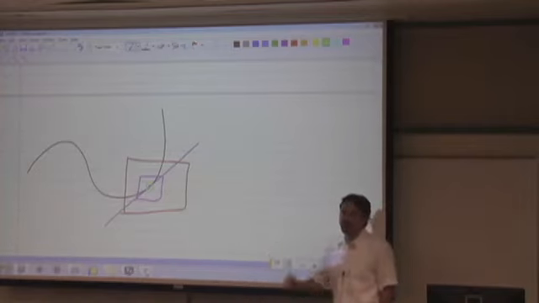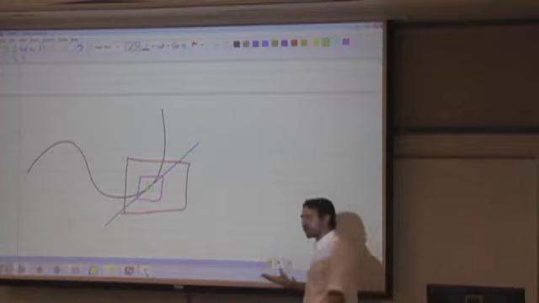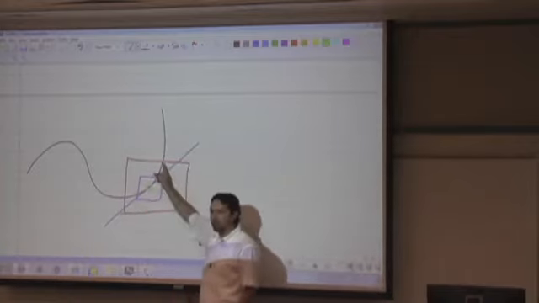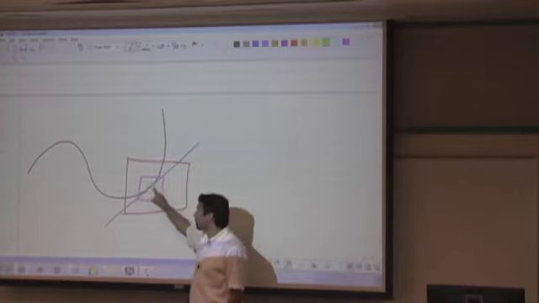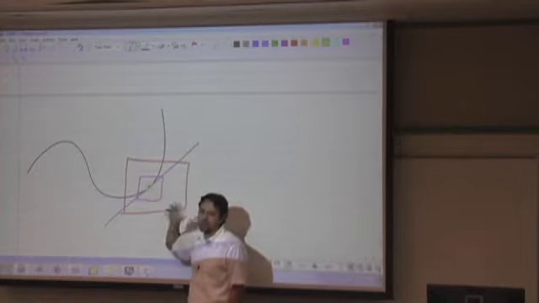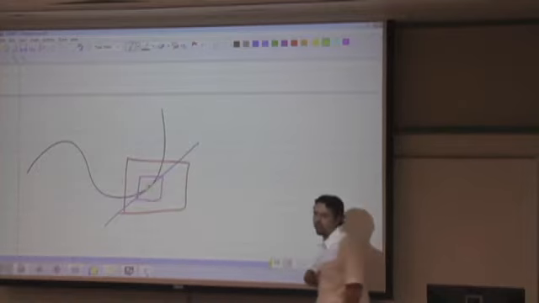Pick some random point on the graph, and keep zooming in, and keep zooming in. Eventually, your parabola is going to look like a straight line. Is that making sense? And that's basically the key idea. My function could be very ugly, but in the neighborhood of this particular point, my tangent line is going to be very close to my function. And that's actually what we're really looking forward to. Okay?